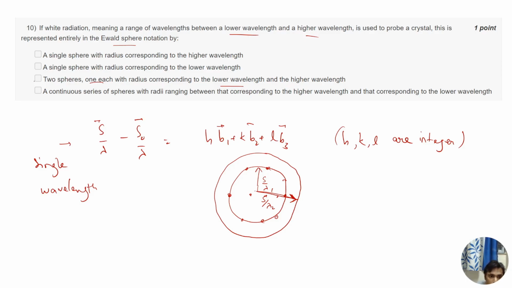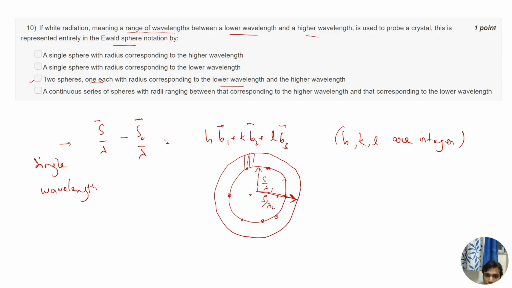Okay, so it is saying two spheres, but we have a range of wavelengths, so we should have a continuous series of radii ranging from the higher wavelength to the lower wavelength.